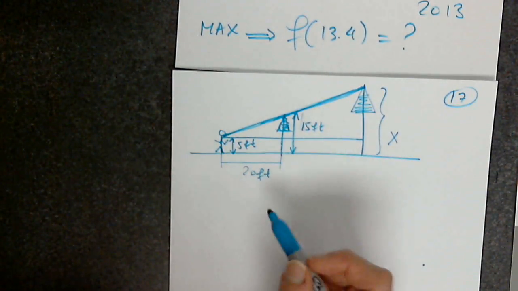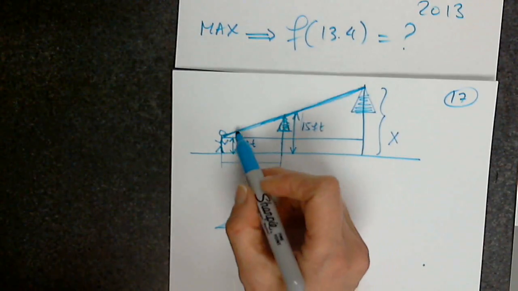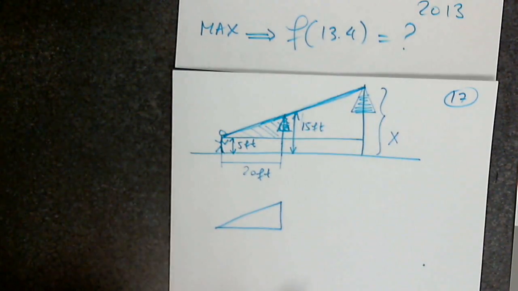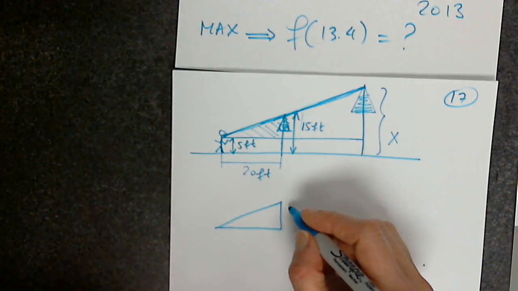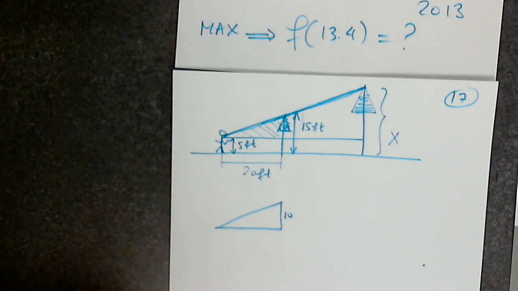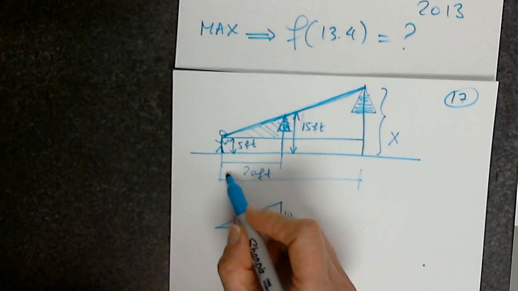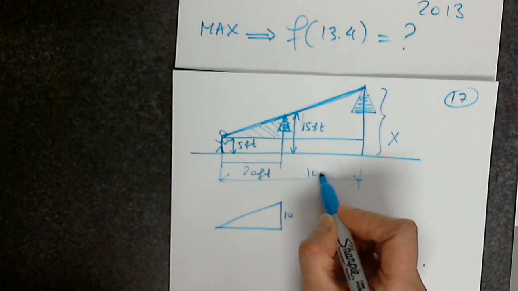So you notice that there is a right triangle here, in which I know this height because this is 15 and this is 5, so this must be 10. Let's also say that we know the distance between him and, let's say this is 100.